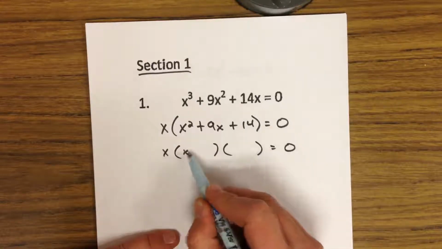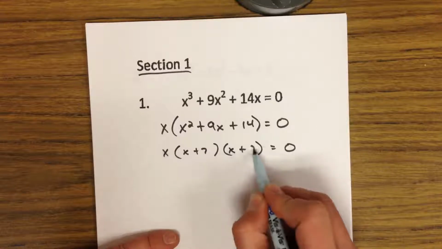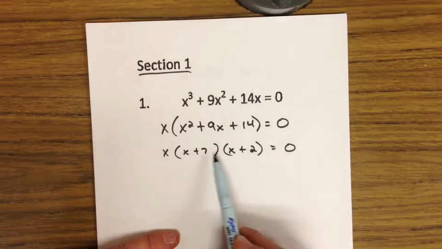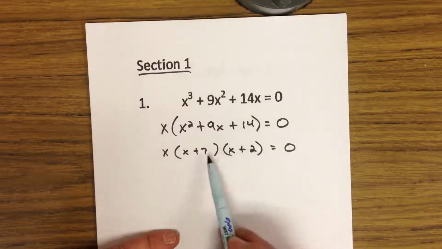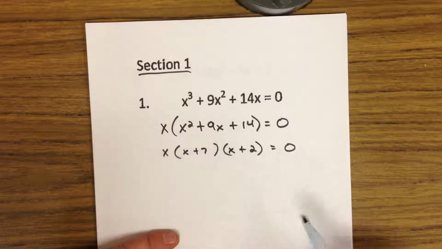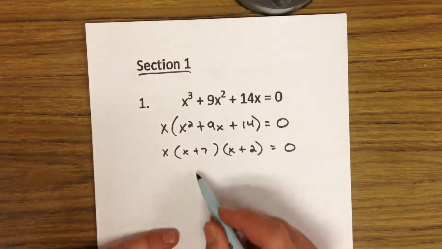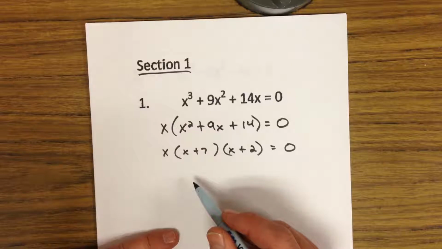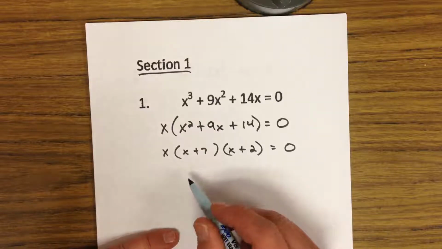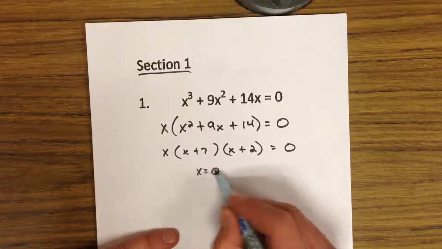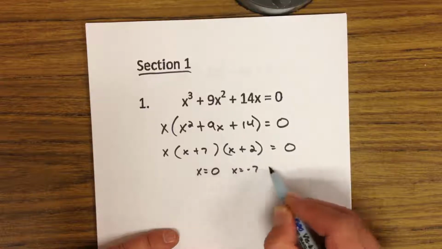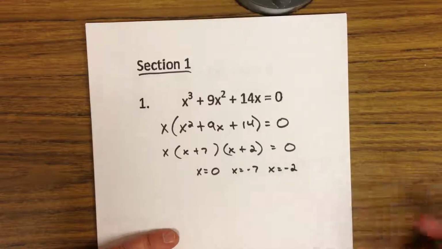And this one, x plus 7, x plus 2, 2 times 7 is 14, 2 plus 7 is 9. So this does factor, and fairly quickly we can get x equals 0, x equals negative 7, and x equals negative 2.